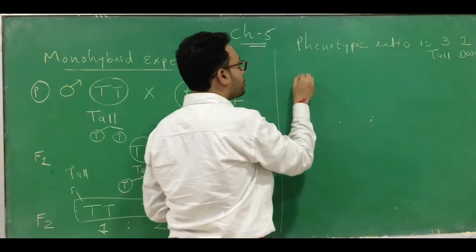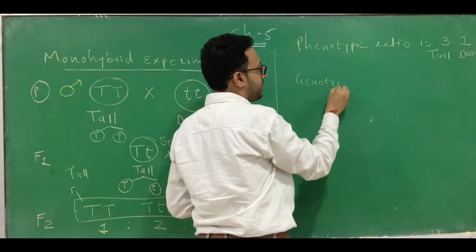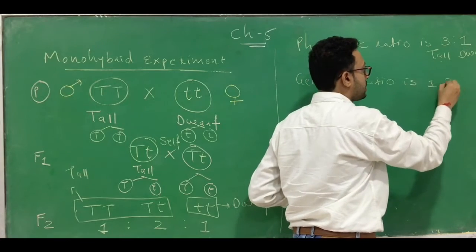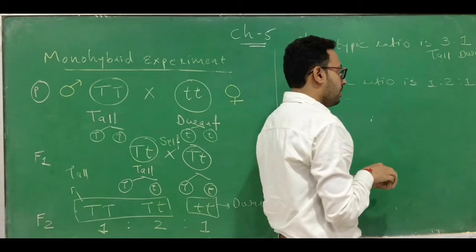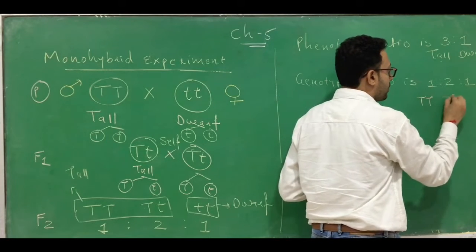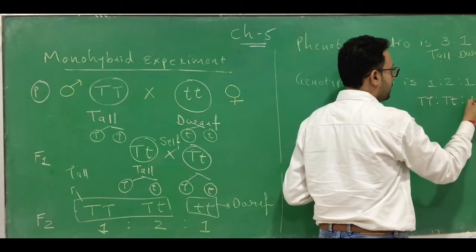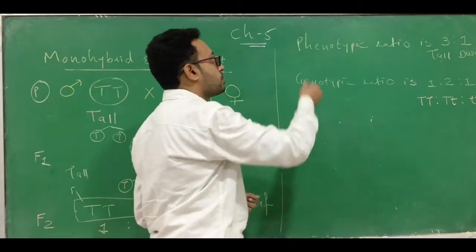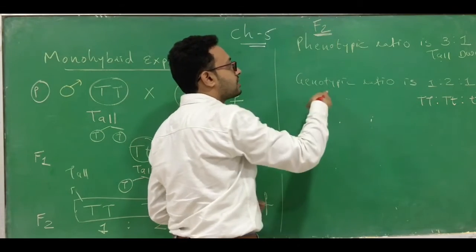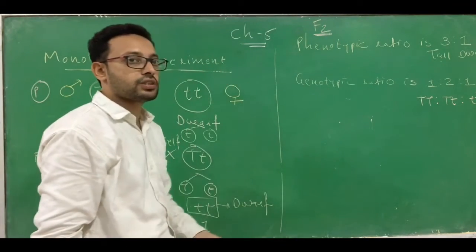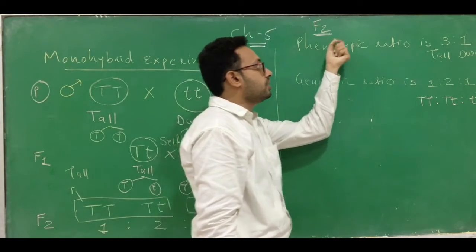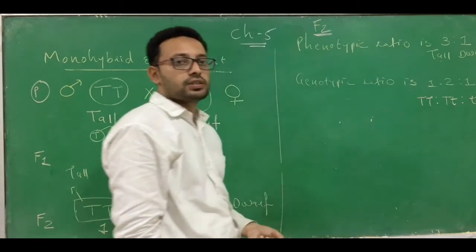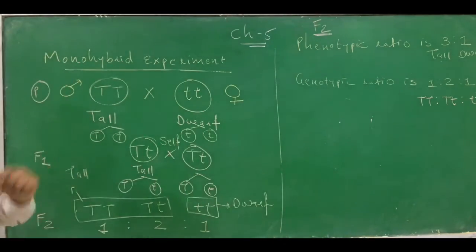But if you consider the genotypic ratio in Mendel's experiment, it is 1:2:1: 1 capital T capital T, 2 capital T small t, and 1 small t small t. This is the phenotypic ratio in the F2 generation, and this is the genotypic ratio also in the F2 generation. So the phenotypic ratio is 3:1 and the genotypic ratio is 1:2:1. Clear? This much we finished in the last session.